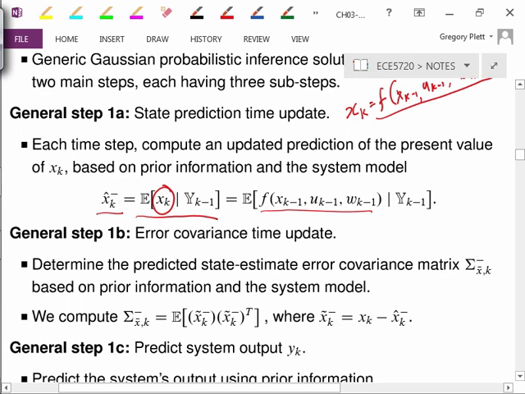Step 1b says that we need to find the covariance of our prediction error. So we would like to find sigma x tilde comma k minus, that's the prediction error covariance, and we compute that just by definition. The autocovariance of x tilde is equal to the expected value of x tilde times x tilde transpose, and we remember that x tilde is equal to x minus x hat.